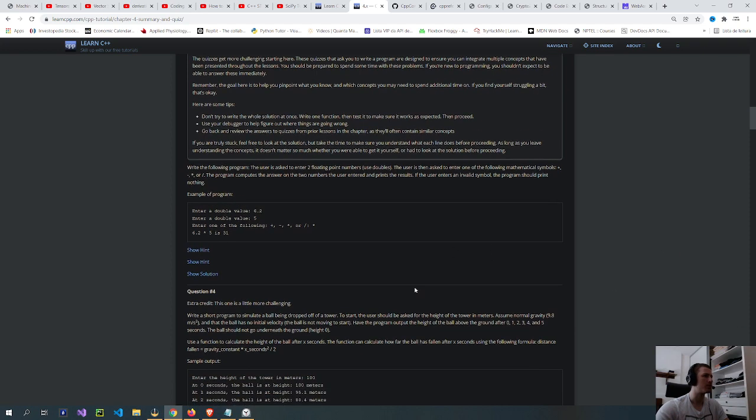Here are some tips. Don't try to write the whole solution at once. Write one function, then test it to make sure it works as expected, then proceed. Use your debugger to help figure out where things are going wrong. Go back and review the answers to quizzes from prior lessons in the chapter, as they will often contain similar concepts.